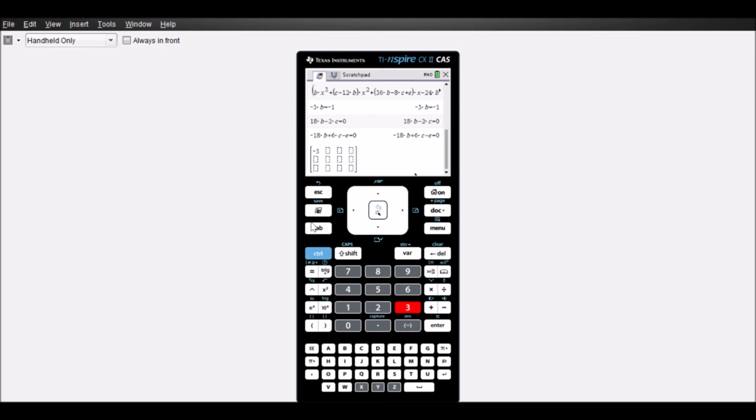So negative 3, 0, 0, and then it equals negative 1. And you do the same thing. Second row is the second equation. Third row is the third equation. And there's our matrix.